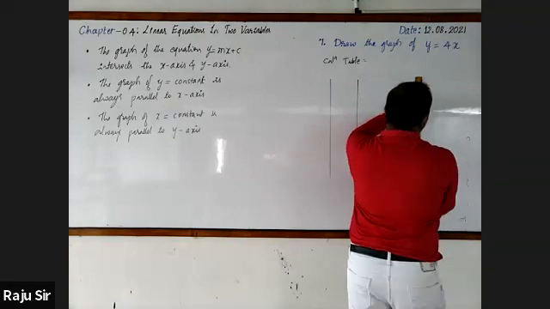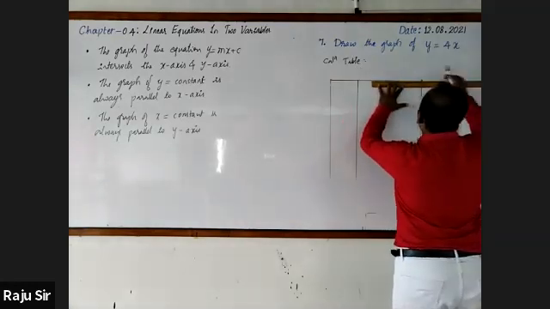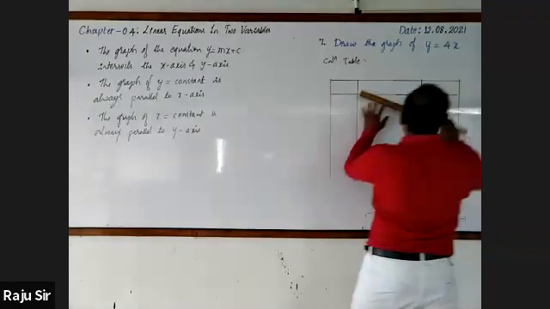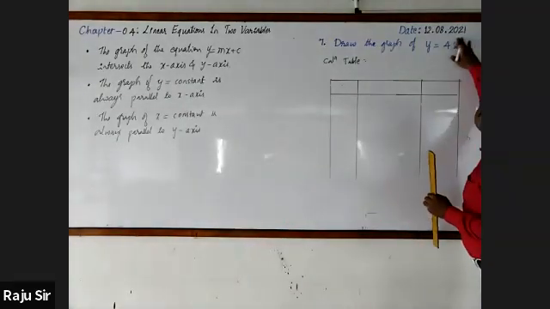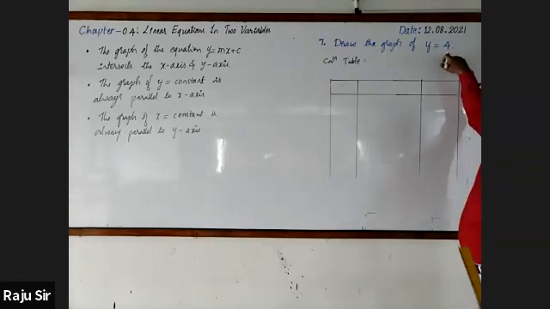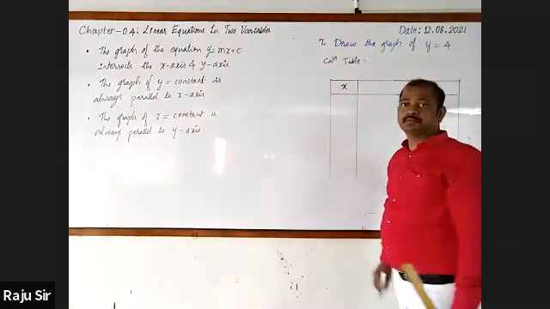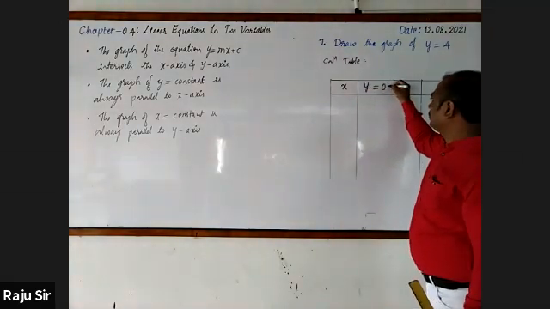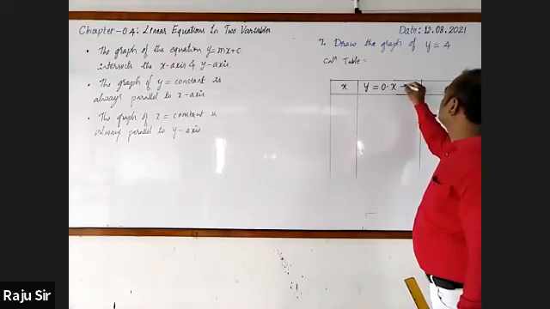In the table, you have to draw 3 columns. First column is for x. Second column y is equal to 0 into x plus 4.